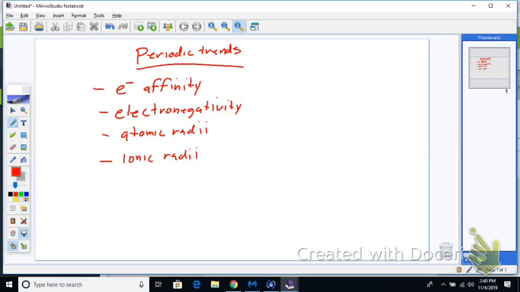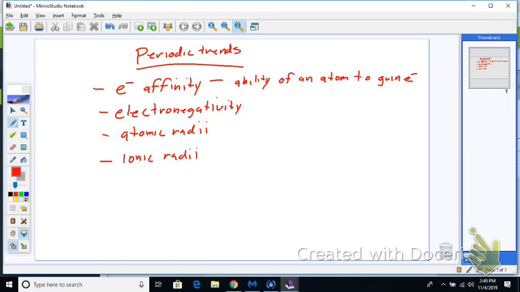Okay, electron affinity is basically the ability of an atom to gain electrons.